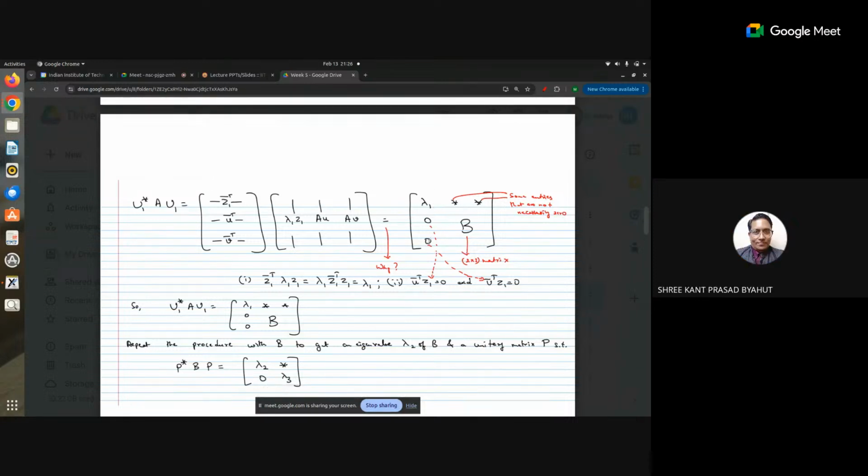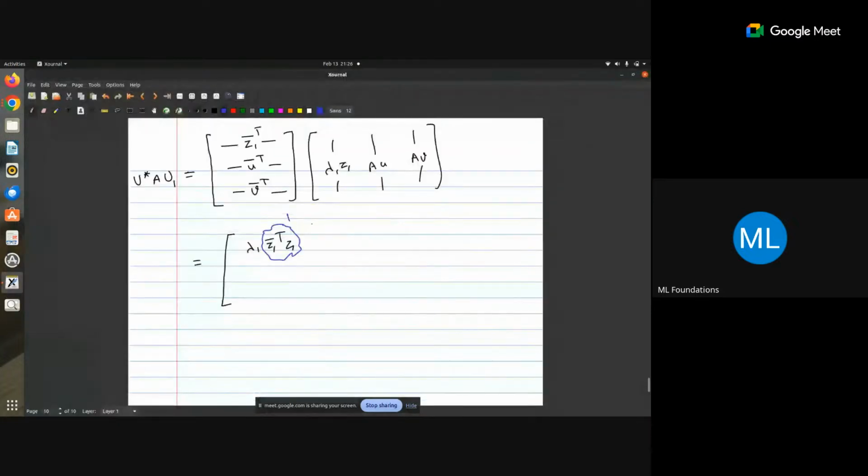Okay, now what is the element in this portion? It should be the second row and the first column: lambda 1 U bar transpose Z1. So basically it should be U bar transpose times lambda 1 Z1.